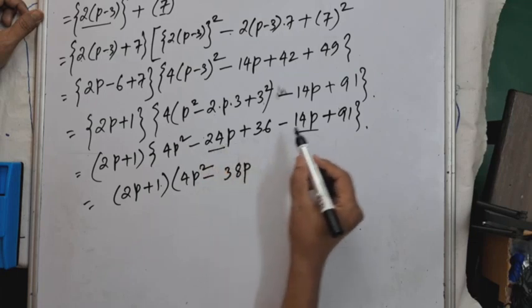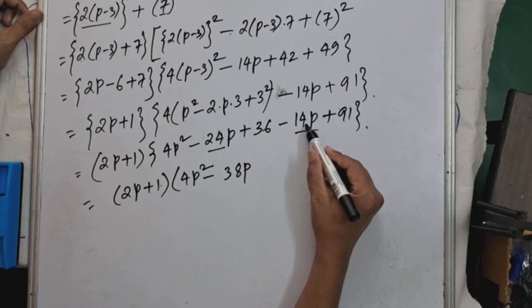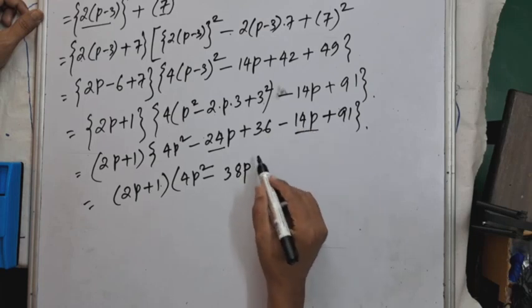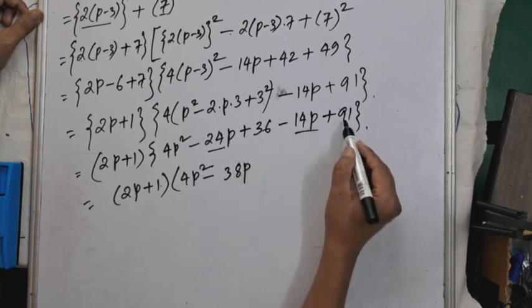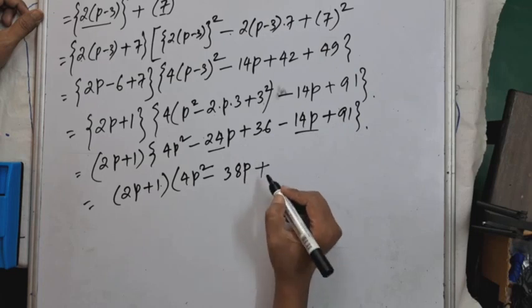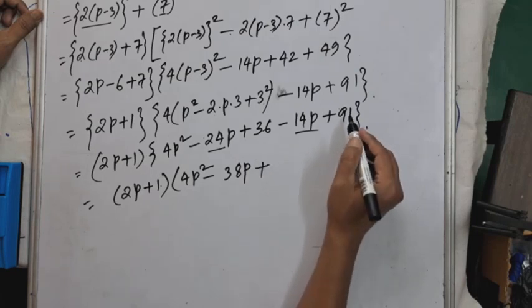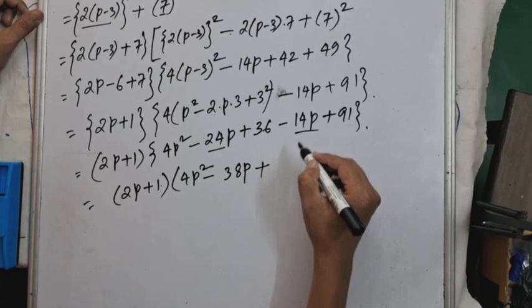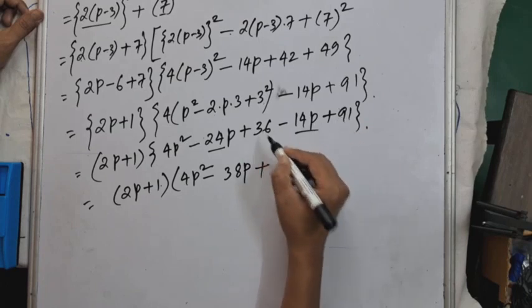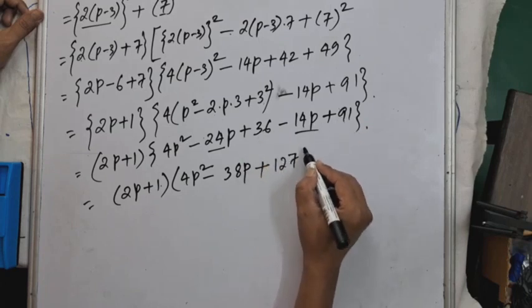Minus 24p minus 14p is minus 38p, plus 36 plus 91. So we must add these two numbers as well, because both are same sign. 1 plus 6 is 7, 9 plus 3 is 12, so 127.